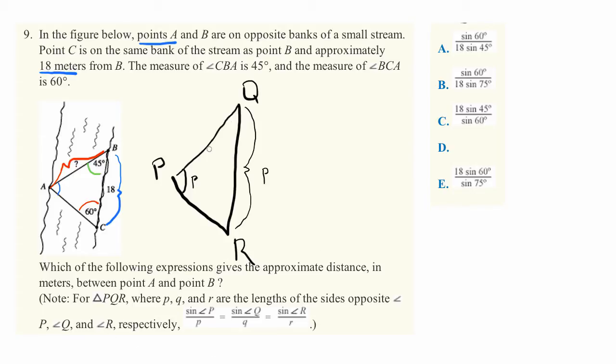And similarly, I have an angle called angle Q, and across from angle Q is little q. And there's also a little r. I'll let you figure out where that is.